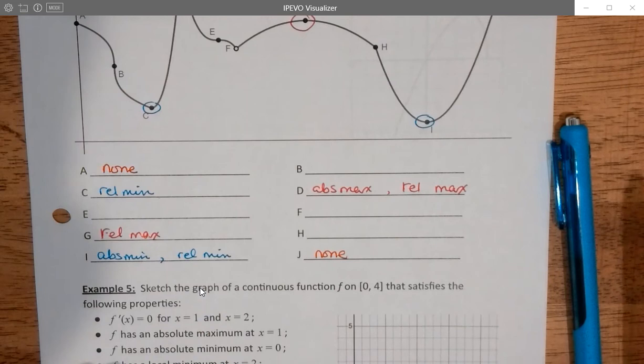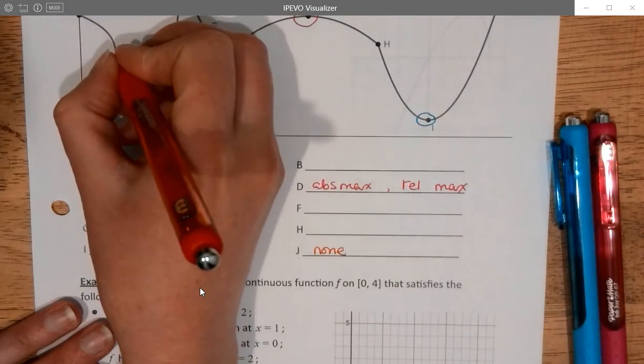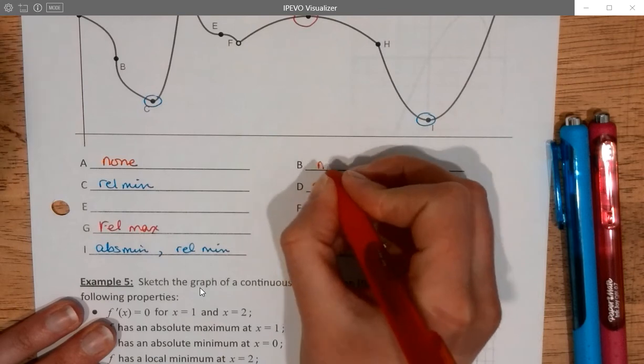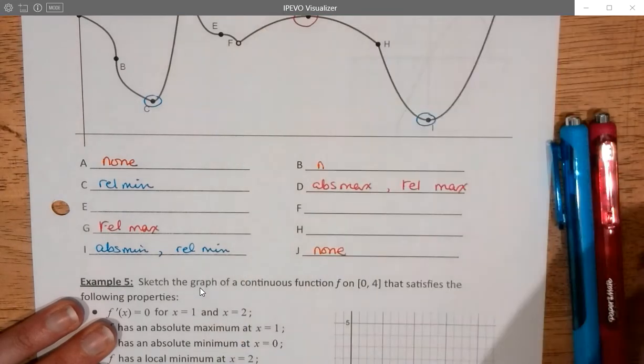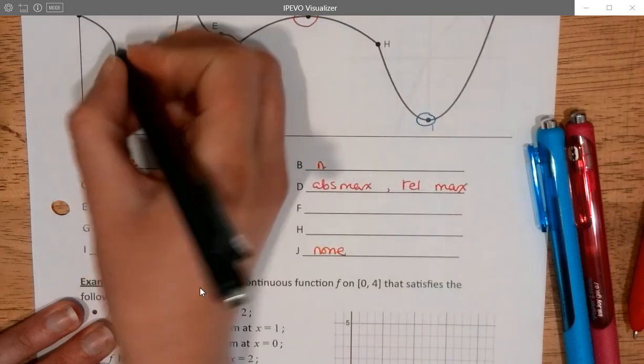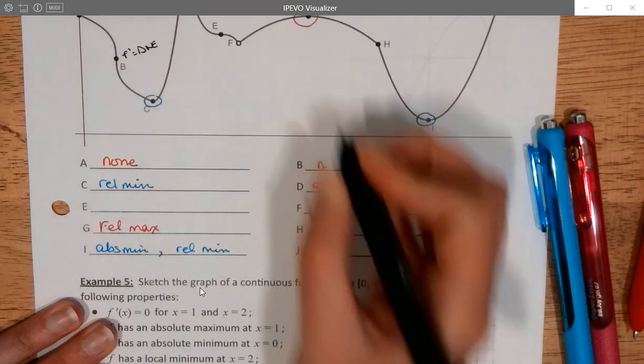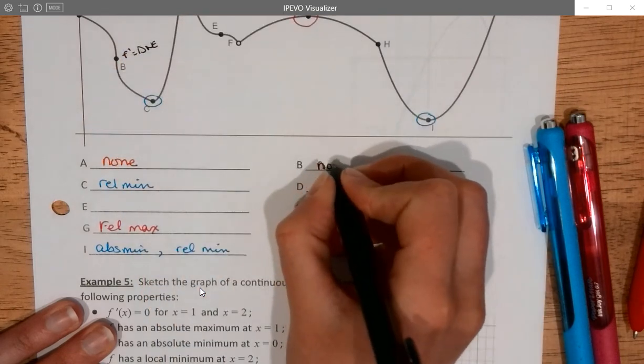Okay. Now for the other points, they're all going to be nones. B, nothing's going special there. All of these points are critical values. It does have the derivative not existing right there, but it's not actually an extrema.